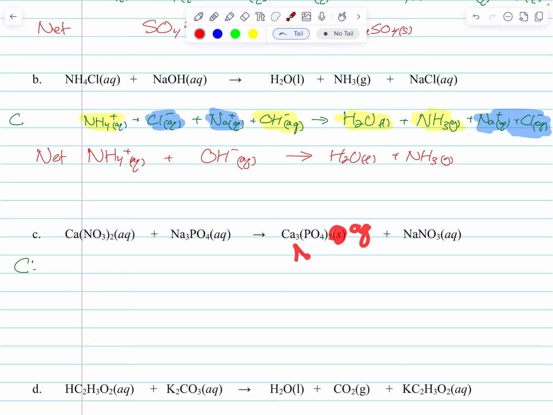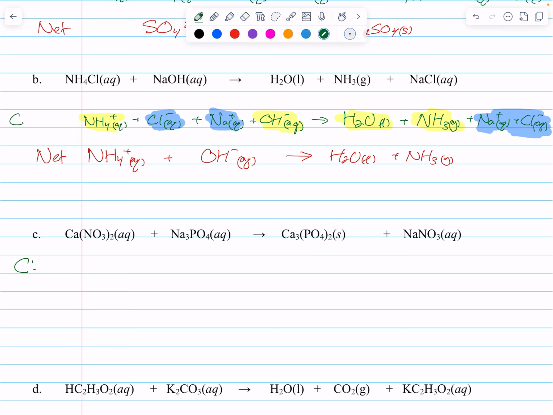You would write no reaction. If calcium phosphate was actually soluble in water and had an aqueous next to it, you would say no reaction, because all the ions would just be floating around. I don't think I said that yet in this video, so that's why I want to point that out. But because it's a solid, it's a reaction.